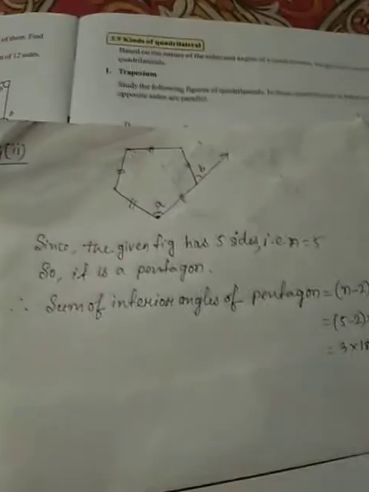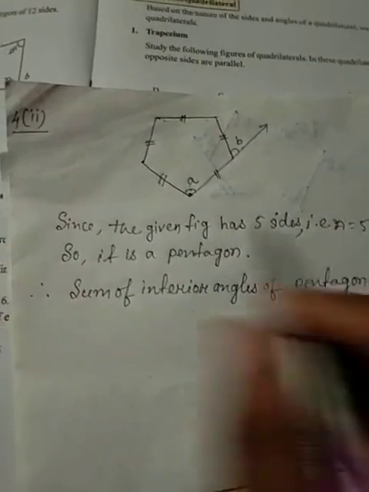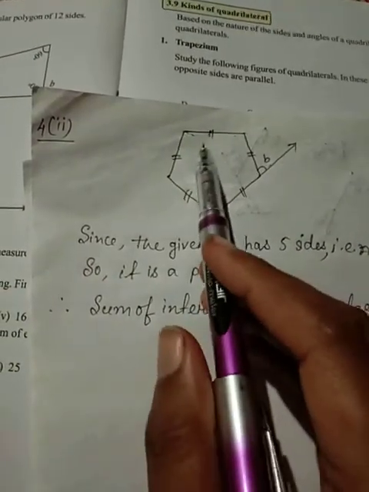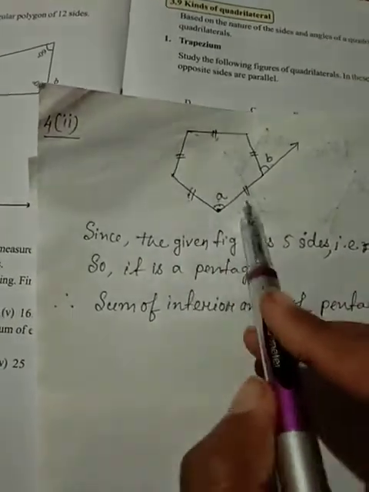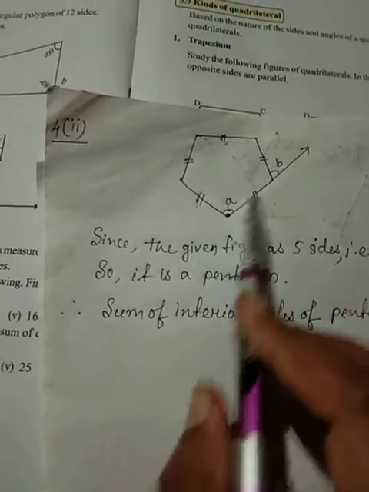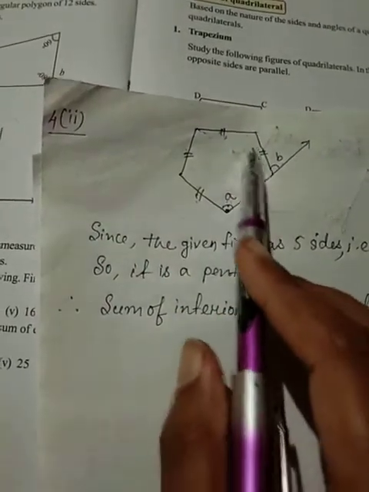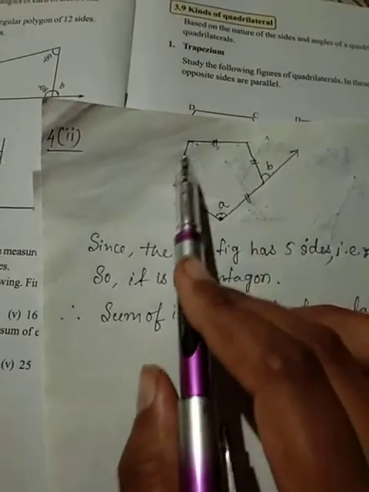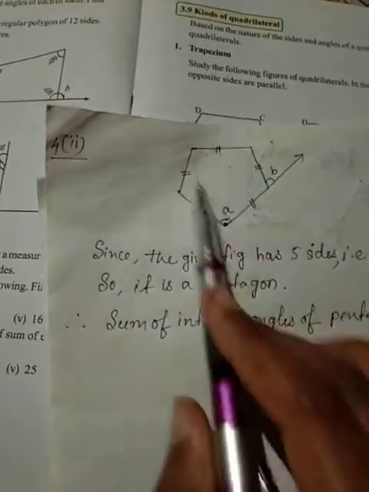Now see, here we find the sum of the interior angles of pentagon. Now see, in the given figure, all the sides of the pentagon are equal. That means all the angles of the pentagon are equal. This is a regular pentagon.